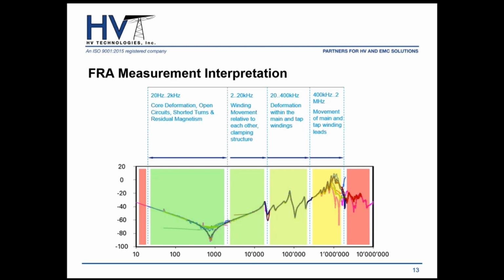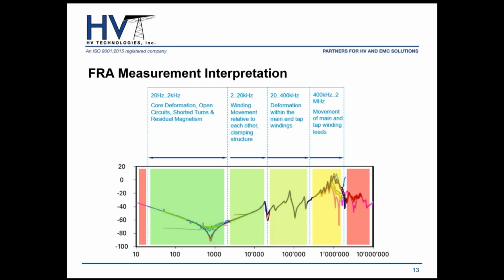Although it's not a certain science, it's widely accepted that anywhere between 20 hertz and 2 kilohertz, the response is going to help you determine if there have been core deformations, open circuits, shorted turns, or residual magnetism.